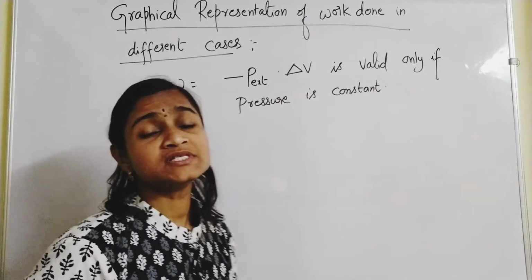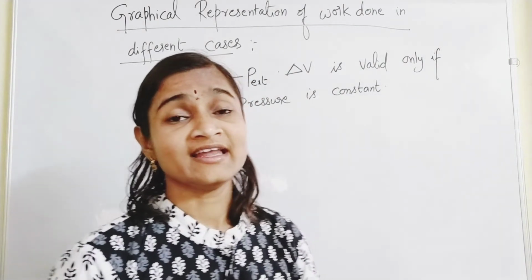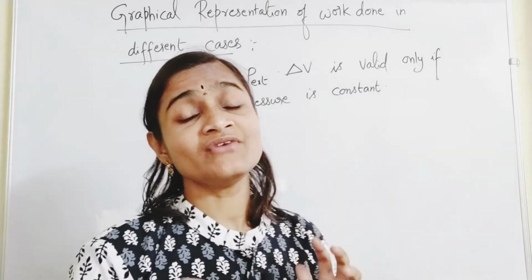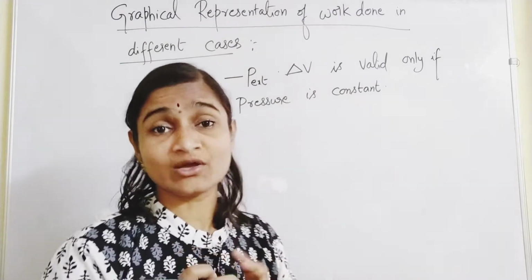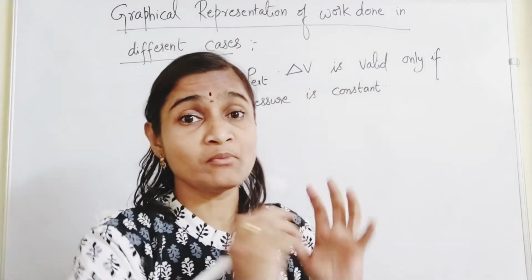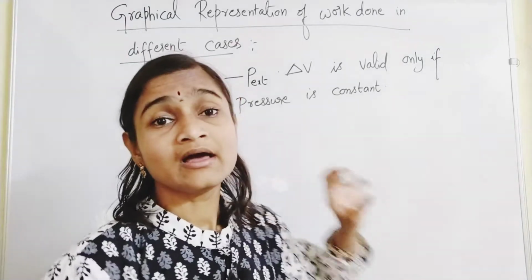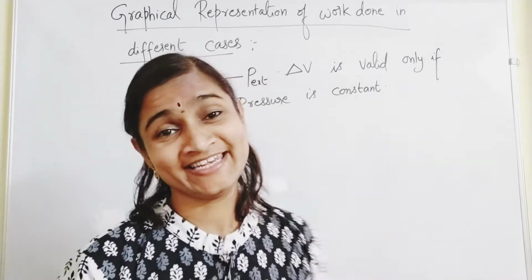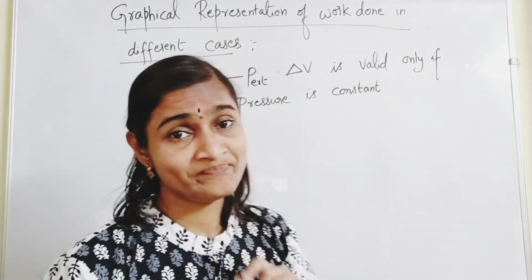Suppose pressure is changing, if pressure is varying, then we have to calculate the amount of work with the help of graphs. Once, all of us have to recall Boyle's law graphs, based on which the work done can also be calculated. Let us recall what Boyle's law is.